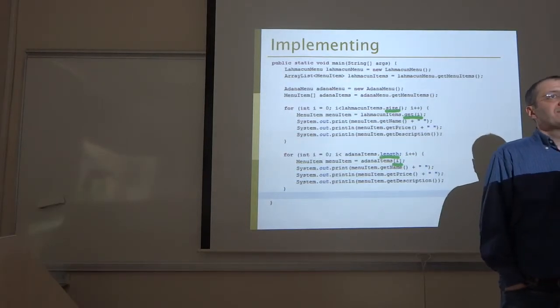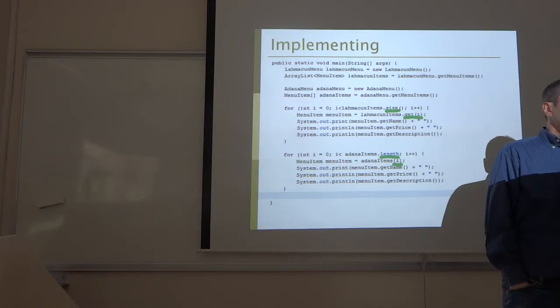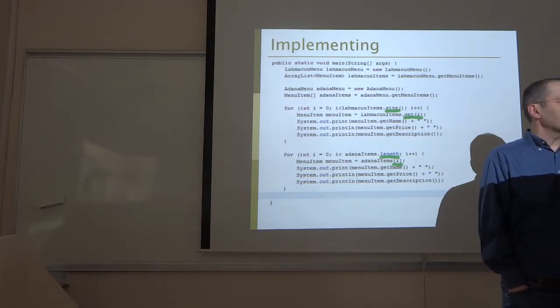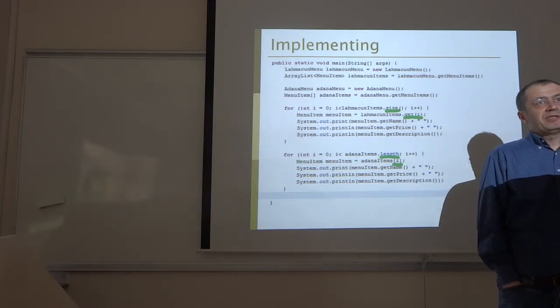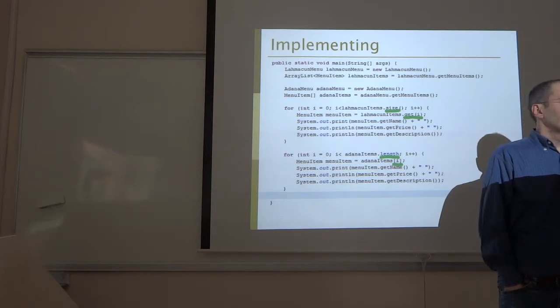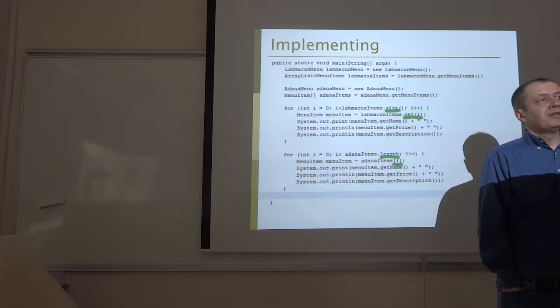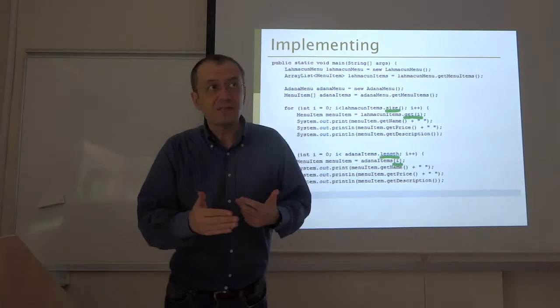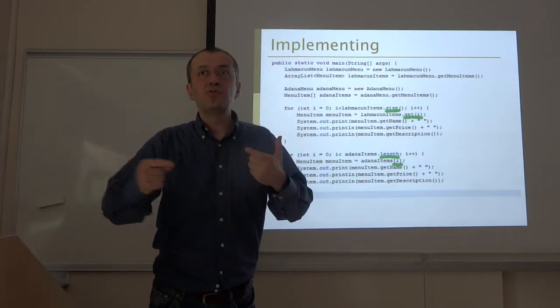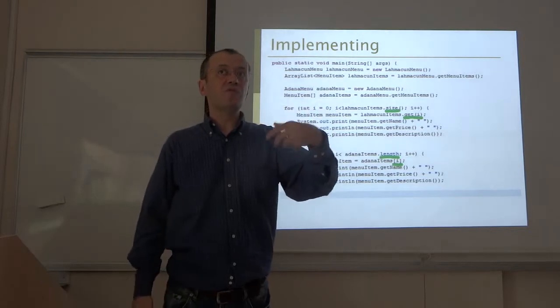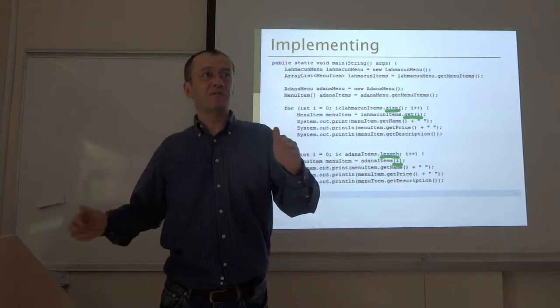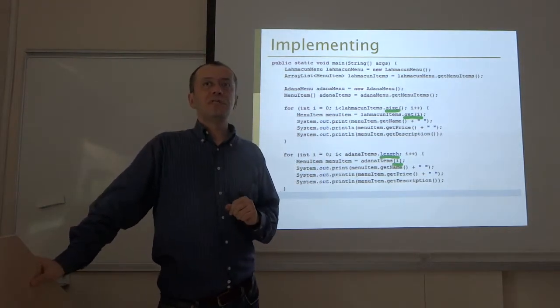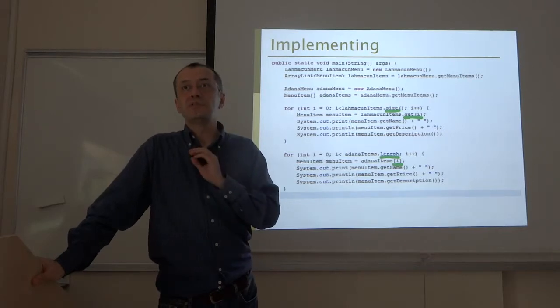Has next: does it have a next? Yes, it does. Give me true or false. And when I call the next command, give me the next and point to the next one. So if I call next again, give me the next one. So that's two things I need to implement.